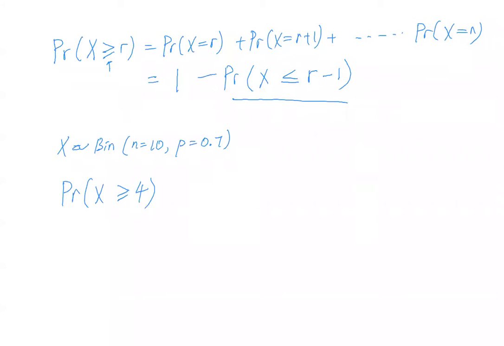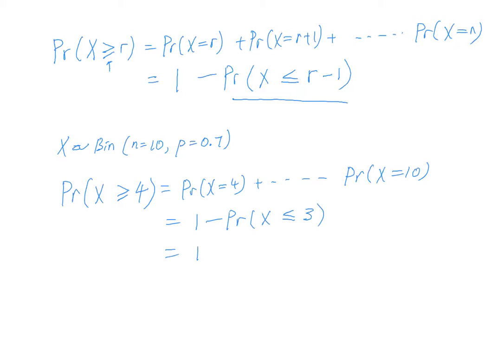So this is the probability of X equal to 4 plus until the last one, the probability of X equal to 10, correct? So I will write this as 1 minus the probability of X less than or equal to 3. Okay, so then I will write 1 minus 1.